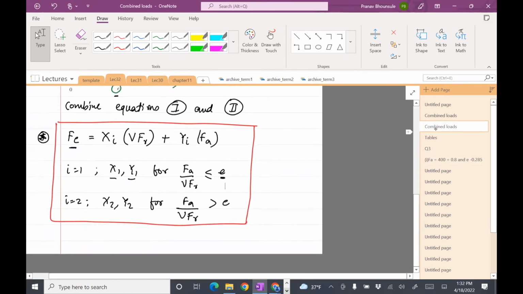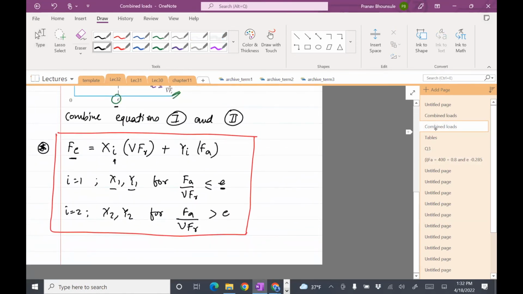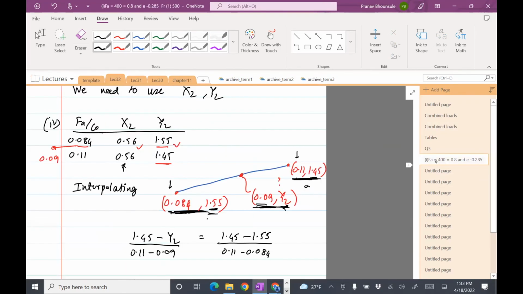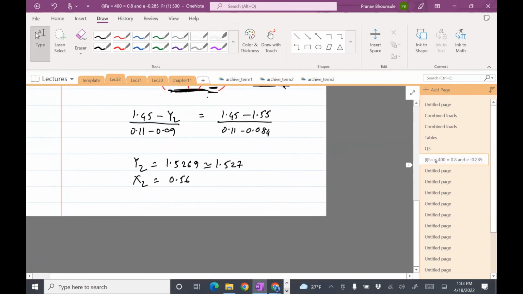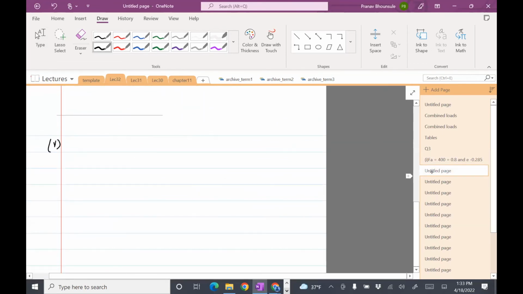Good. So fe is x, in this case, x2, VFR, y2, fa. So number 5, compute fe, x2, VFR, plus y2, fa.